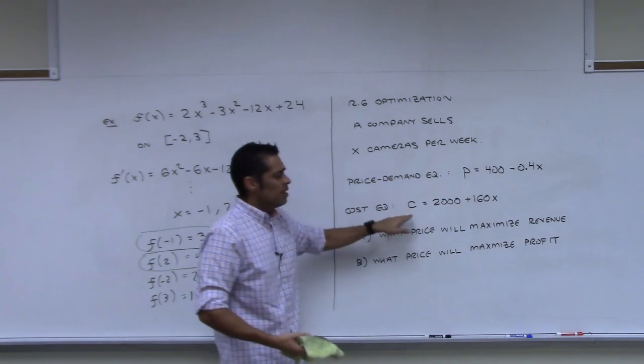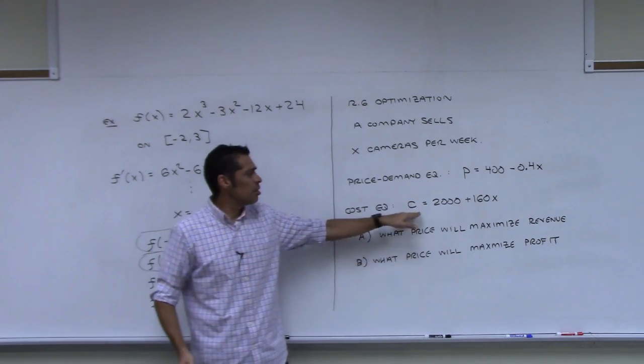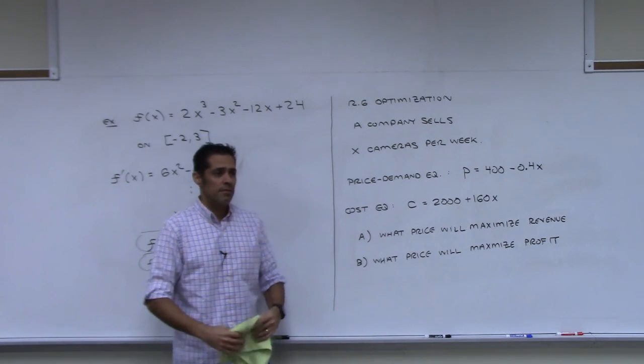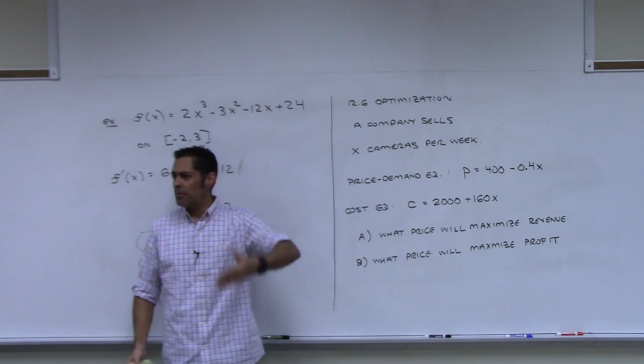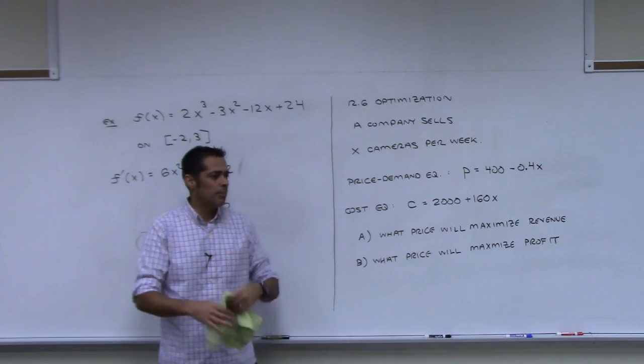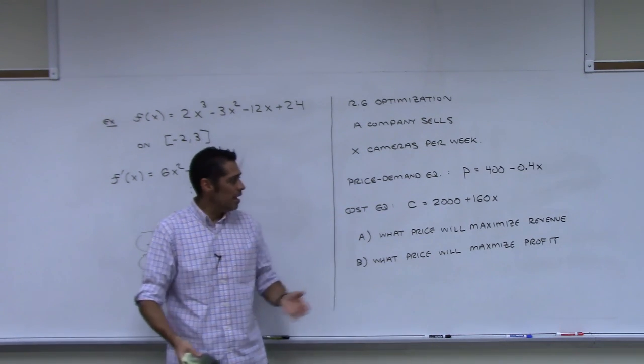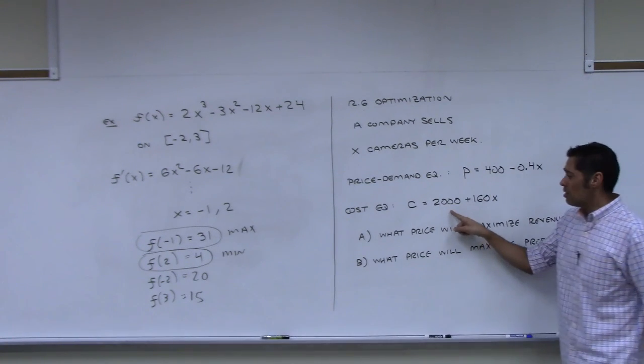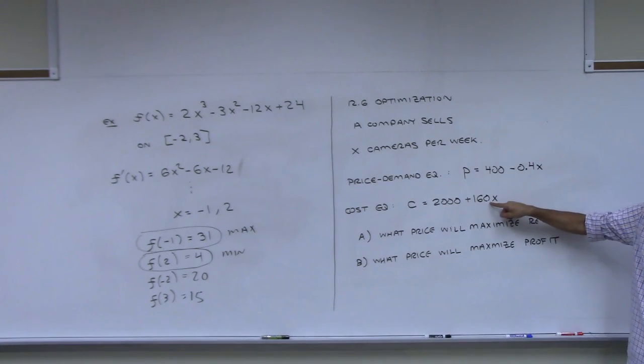And then you have a different part of your company that's determined the cost of manufacturing the cameras. So you have to pay the rent for the facility, the equipment, the employees, the electricity, all that, right? And what they've determined is that your cost is $2,000 plus $160 times each camera, all right?